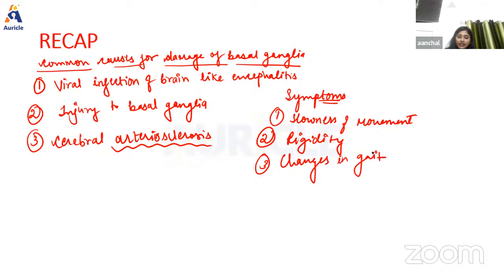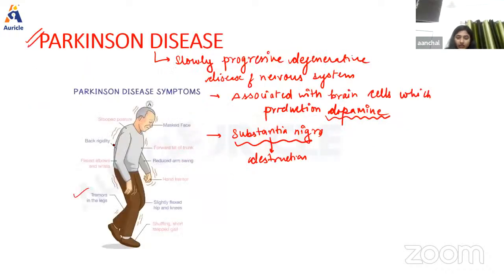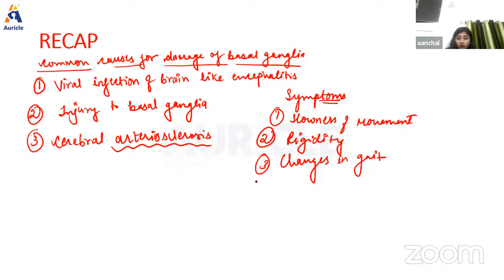What is gait? Gait refers to the manner of walking. In Parkinson's disease, the patient loses the normal gait and walks in short steps by bending forward, like this person is doing. Then Parkinson's disease can also be associated with speech problems.